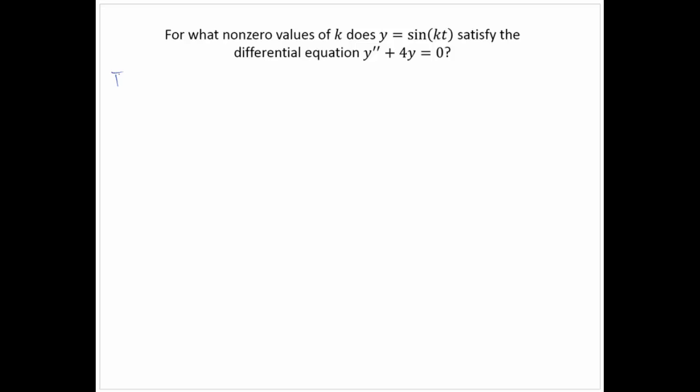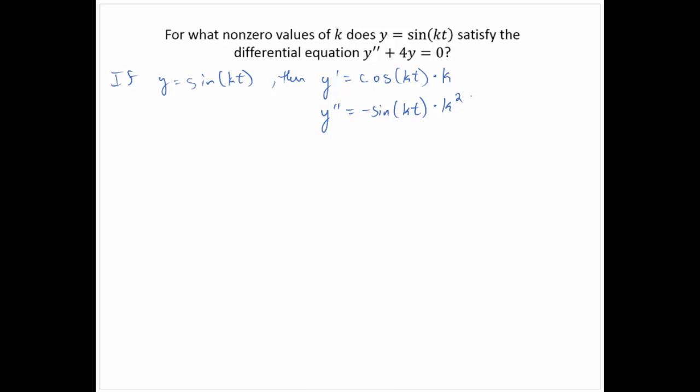If y equals sine of kt, then y prime would be the derivative of sine, which is cosine, so cosine of kt, chain rule, times k. Y double prime would be the derivative of cosine, which is negative sine kt, still times the k, and by the chain rule we have another k, so negative sine kt times k squared.